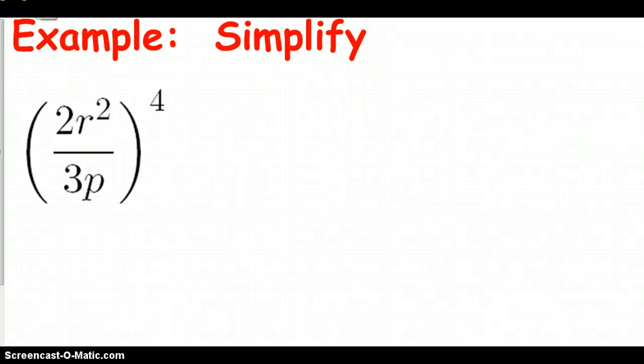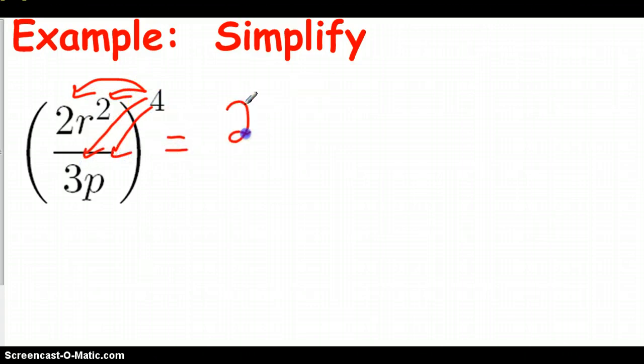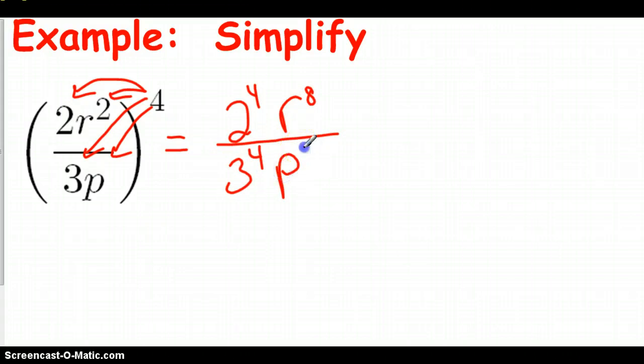Okay. All right, let's try another one. What about this one here? This one is a quotient, division, and you have an exponent on the outside, so you're going to distribute to everything. So you'll have 2 to the 4th. Remember, you multiply the exponents, so it'll be r to the 8th over 3 to the 4th, p to the 4th.